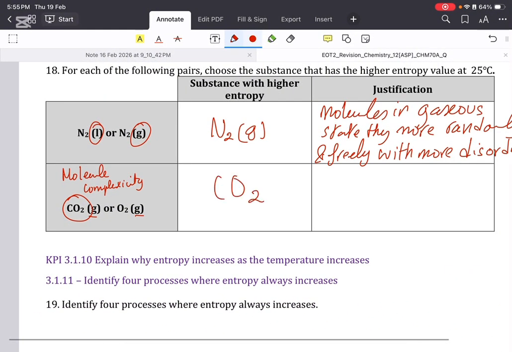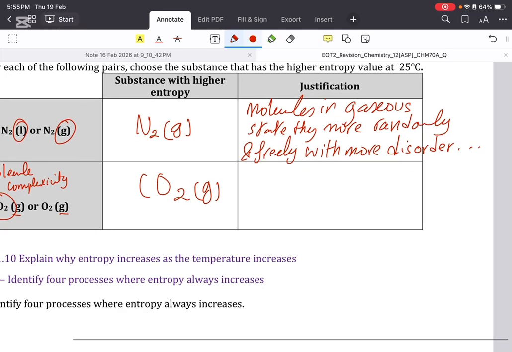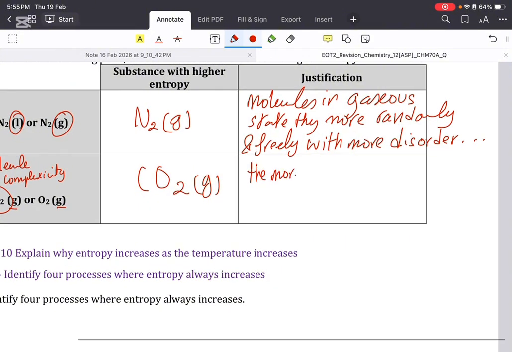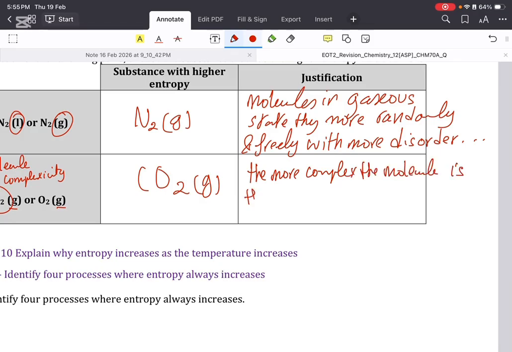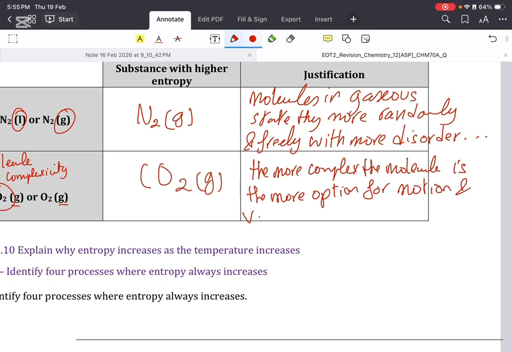So I'm going to choose CO2 gas because the more complex the molecule is, the more options for motion, movement, vibrations, and translational motion.